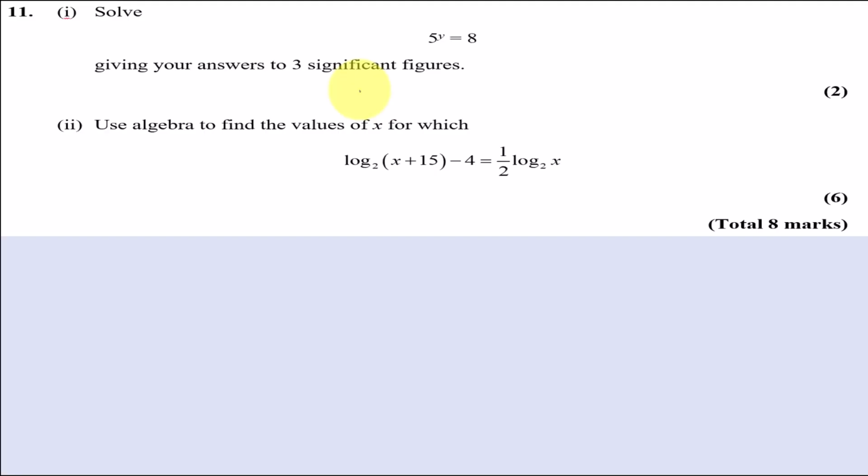By now you should be thinking, oh, if you get a question like this, you should be very happy. 3 significant figures. You can pause the video and give it a go first. And we know we log both sides. You can start off like this. Remember your power law.